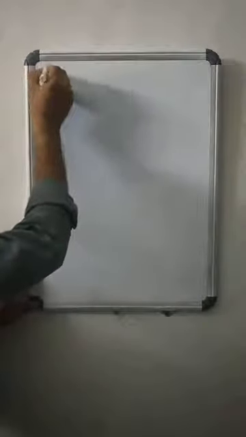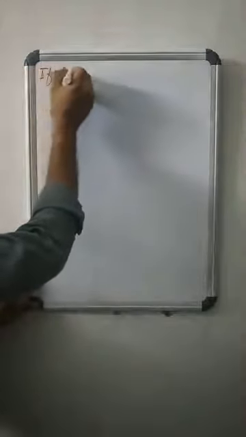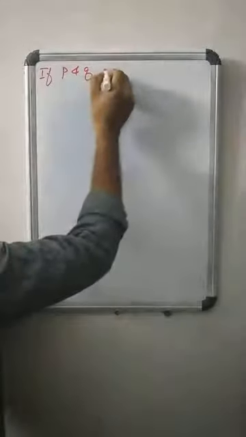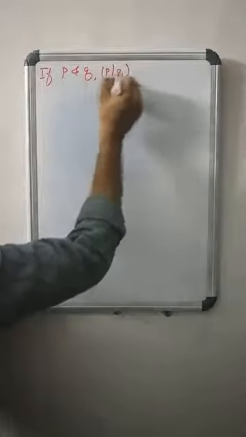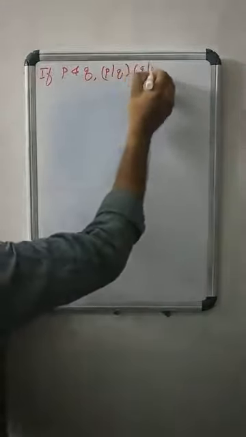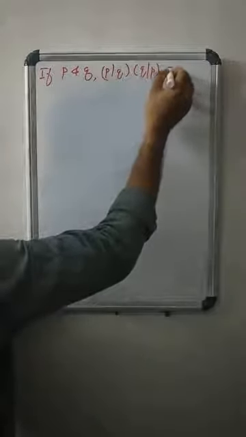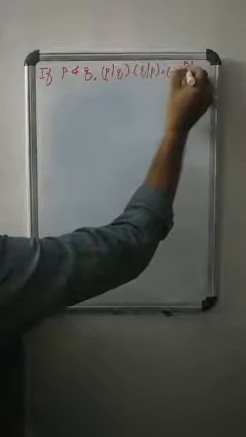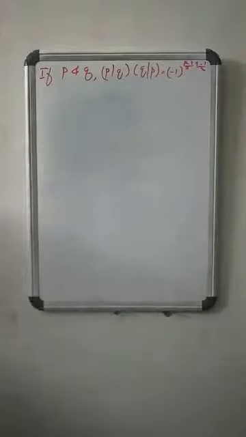So the quadratic reciprocity law states that if p and q are distinct odd primes, then (p/q) times (q/p) equals minus 1 to the power (p minus 1)/2 times (q minus 1)/2, or (p minus 1)(q minus 1)/4.